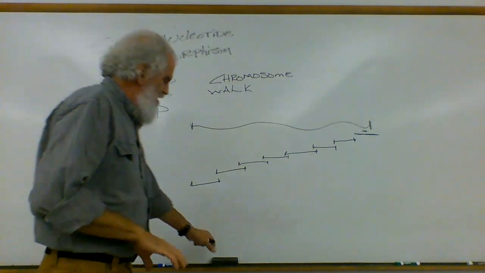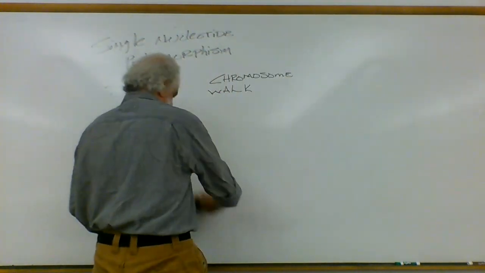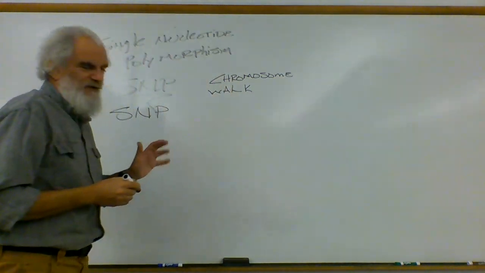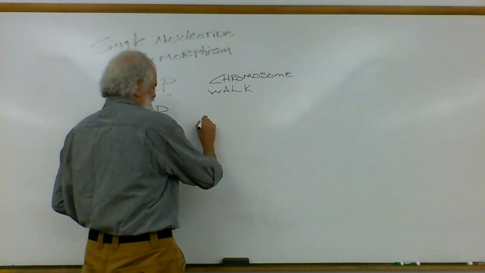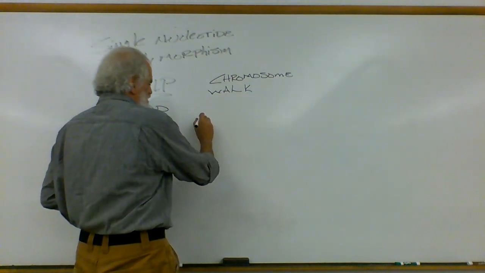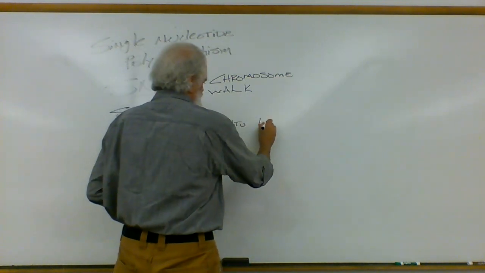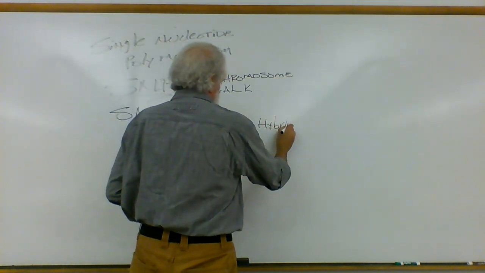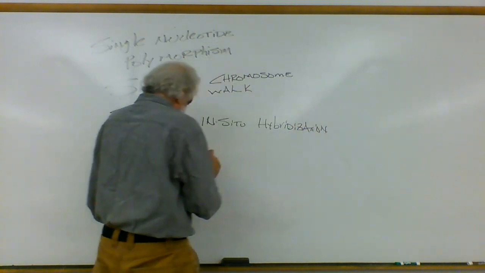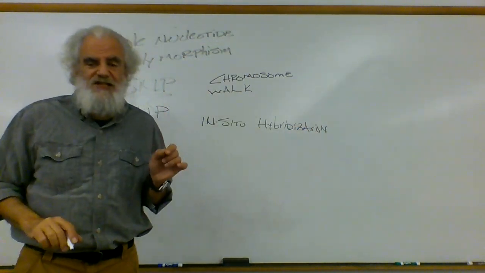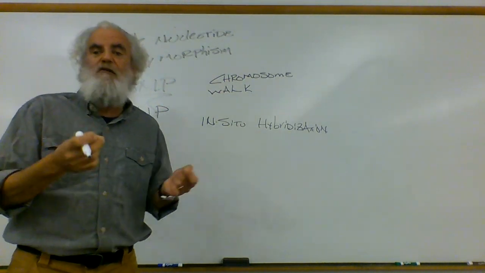Another classic analysis tool, once you've got a gene identified, is another kind of in situ hybridization. Rather than doing it with chromosomes, we can do an in situ hybridization, and this is going to give you the tissue localization of your gene.